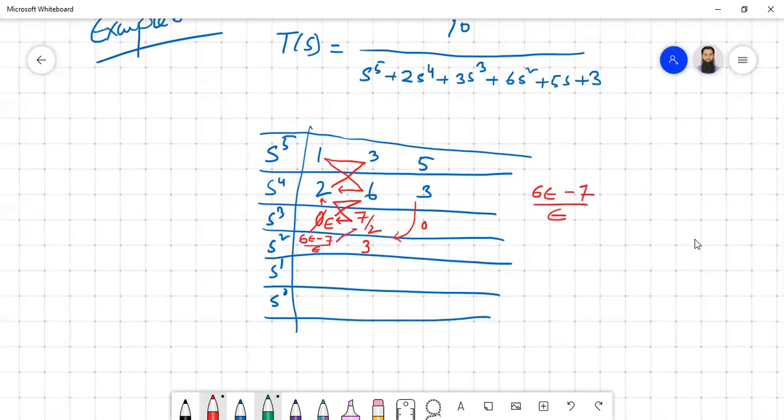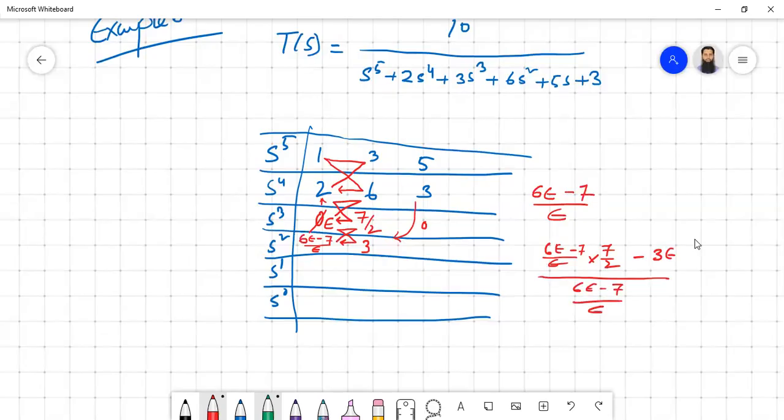Next, formation of the table again. These two have to be multiplied, then these two multiplied and subtracted, then divided by this one. So basically 6 epsilon minus 7 divided by epsilon into 7 by 2 minus 3 epsilon, divided by 6 epsilon minus 7 by epsilon.